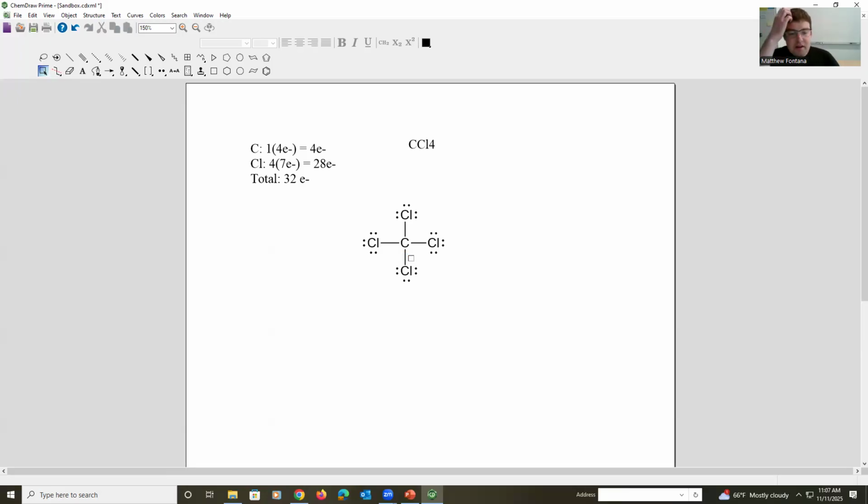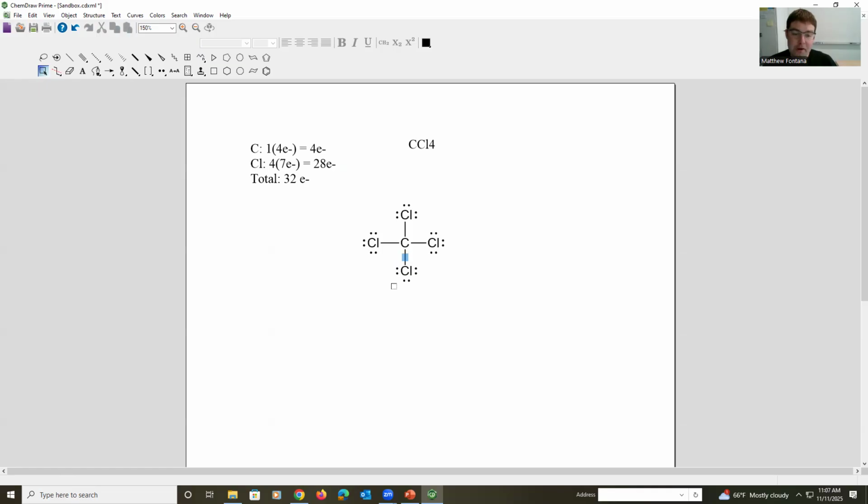So what we've done here is we've satisfied a couple of the rules we have, which is we need to make sure that carbon has an octet. We need to make sure that chlorine has an octet. Then finally, we need to make sure that we are using a total of 32 electrons, because that's what we get from the number that we calculated at the beginning. And so if you take a look at each chlorine, you see it has two, four, six, eight electrons.